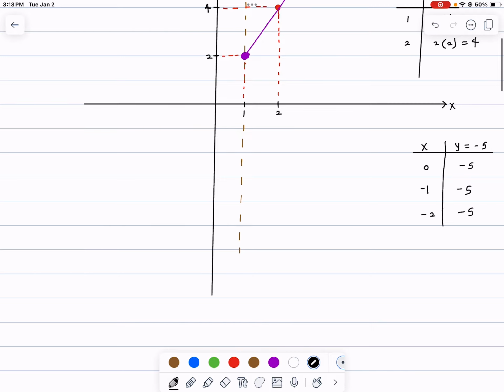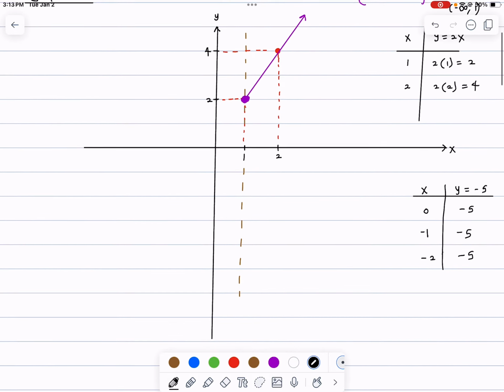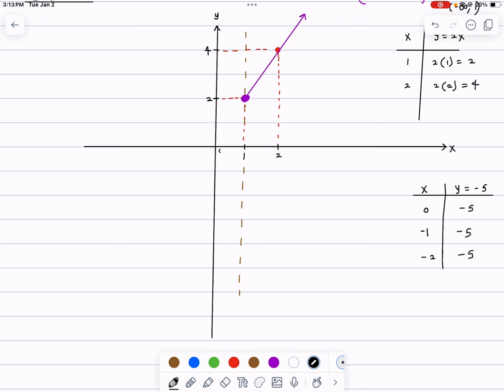So when x is 0, let's come to the graph now. When x is 0, y is -5. -5 is here. When x is -1, y is still -5, right? Because it's just a line going across.